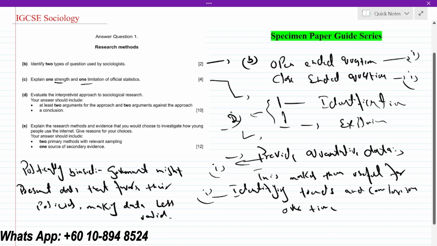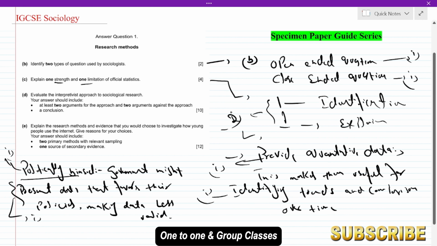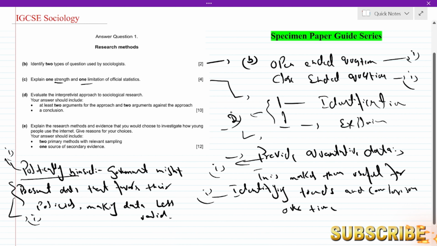Right. So again, for this identification you will be able to get 1 mark, and to explain this identification you would again get 1 mark. So this is how you can get 4 out of 4 marks in our part C.